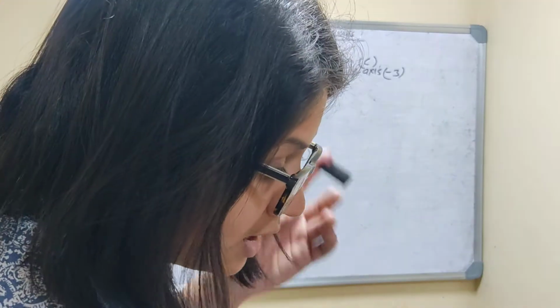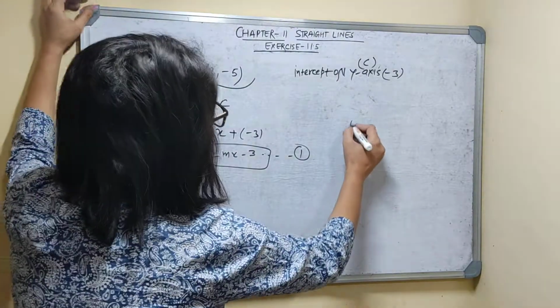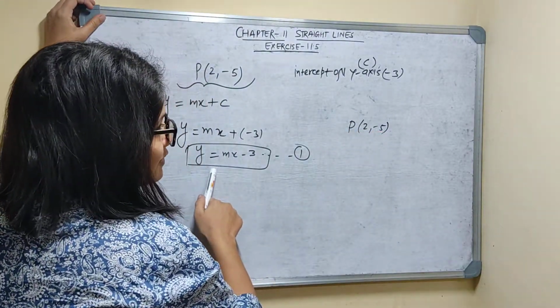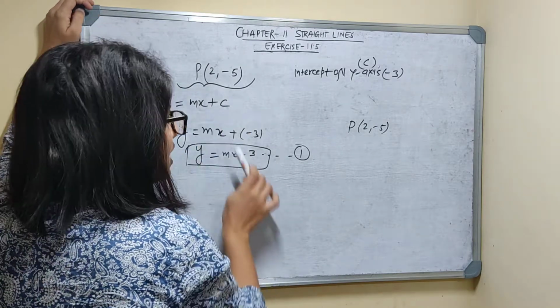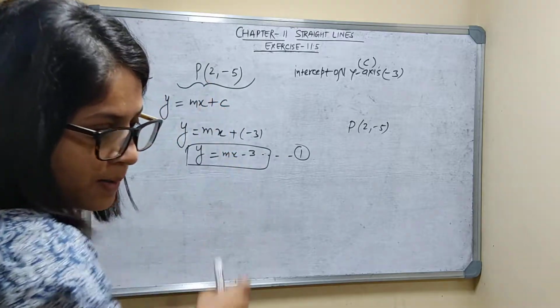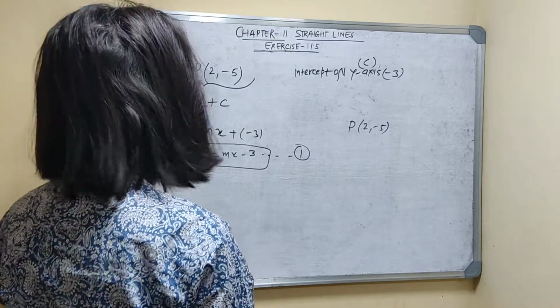But now they are asking to find the equation of the line passing through the point 2, minus 5. One point is given, P 2, minus 5, and the line passes through this point also. Both conditions are there. You have to find the equation of a straight line which passes through this point and makes an intercept of minus 3 on the y-axis.